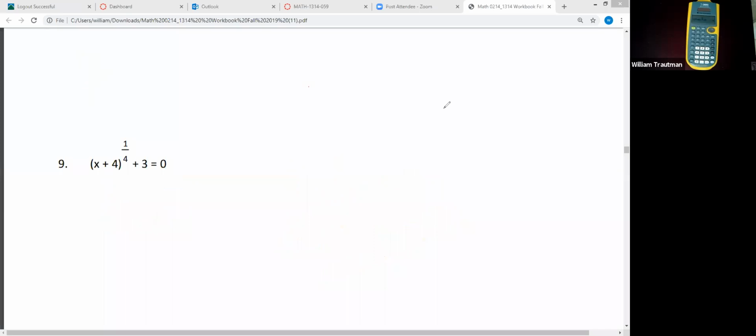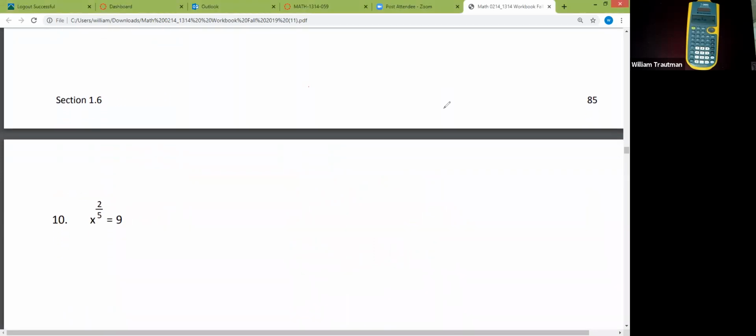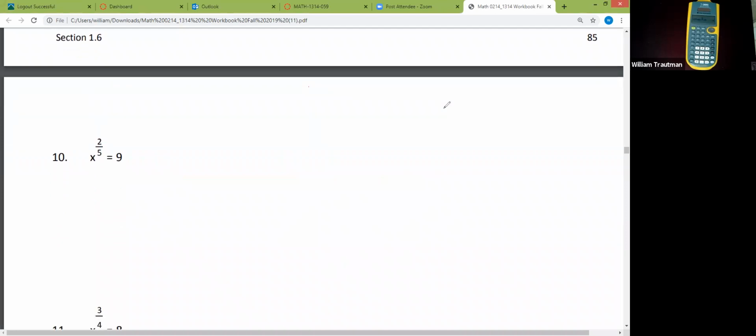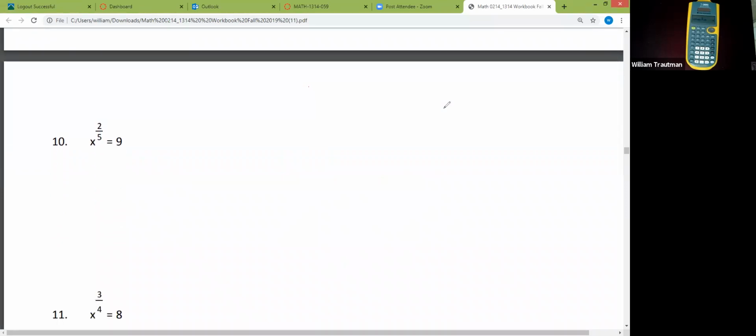All right. Oh, this one looks easy. Look how small it is. Okay, let's see what happens. It's x to the 2/5 power. So we need to get rid of this 2/5. The only way you do this is multiply by its reciprocal, like we did that other one, 5 over 2. So we do it to both sides, 5 over 2.